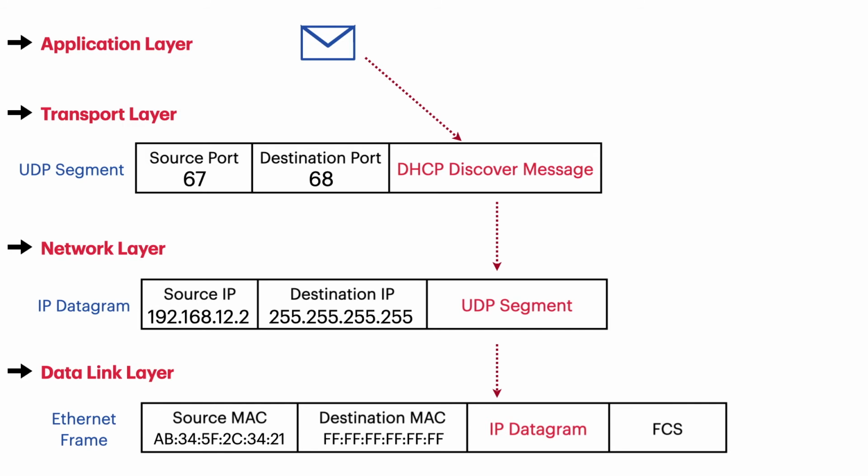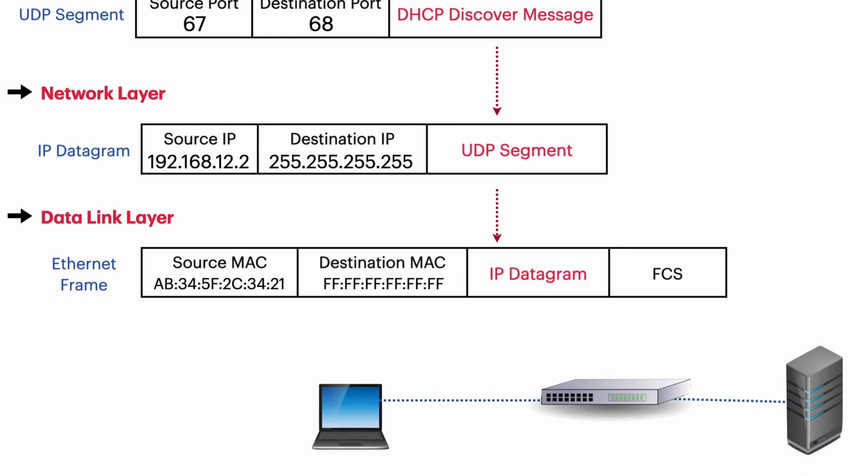Broadcast destination addresses are used because the broadcast flag of the DHCP discover message was set to 1 by the DHCP client. The Ethernet frame then moves from the DHCP server to the DHCP client.